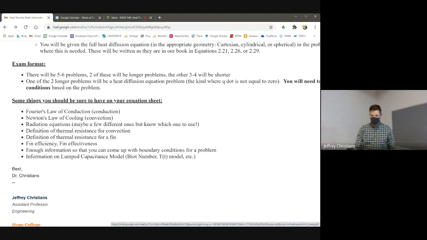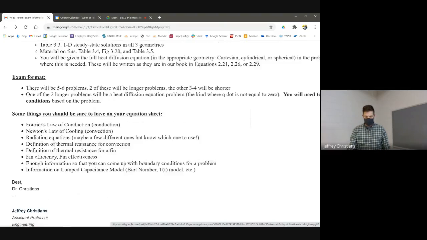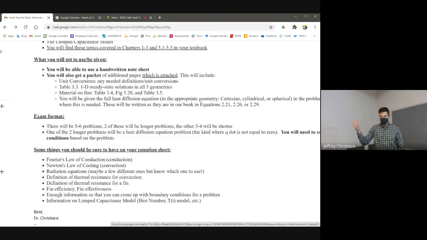So hopefully this gives you quite a bit of information about what you're going to be given and what you need, and you can have this up as you're starting to pull together all the different equations and whatnot. Because I know one of the things about heat transfer is that every special case has its own special equation, and that will continue to be the case.